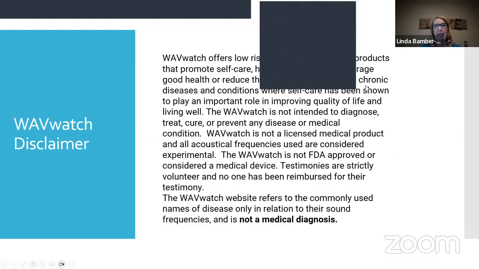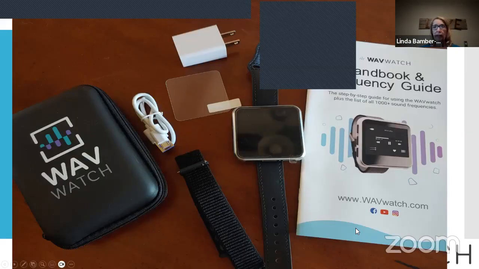I'm going pretty slow here. If you haven't seen this before, this is what comes in the kit. A lot of people are missing these screen protectors right here. You can see there's a really small film, which is a protective film for shipping.